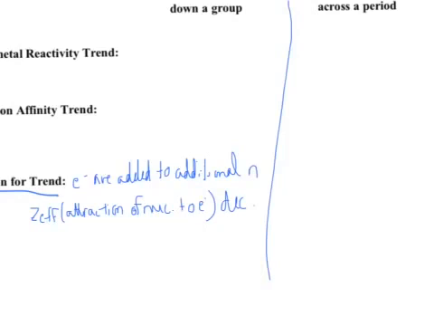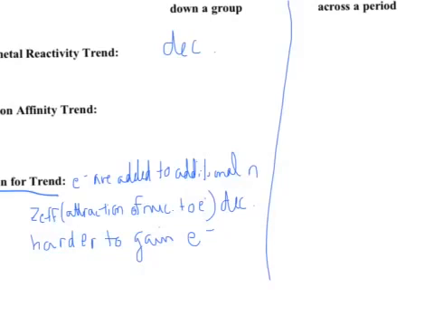Since there's not as much attraction, it is harder for the protons to pull in an extra electron, and so it's harder to gain an electron. And since it's harder to gain an electron, that means it's harder for the nonmetal to react, because nonmetals react by gaining electrons. And so the reactivity would decrease. See how we came up with the trend from the reason?